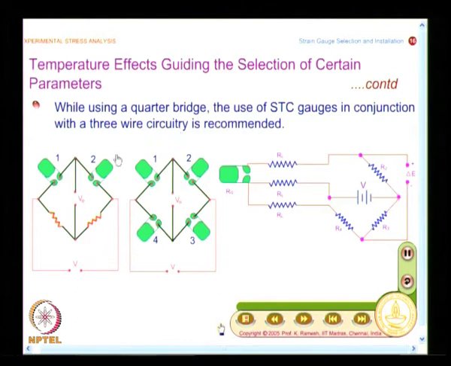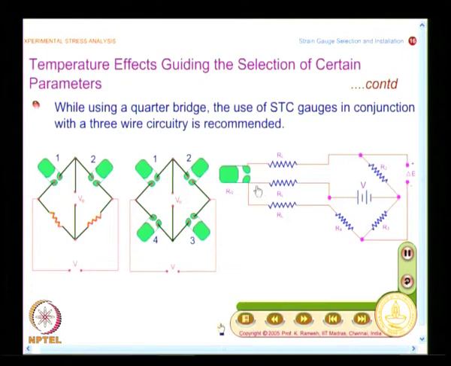If you are able to use a half bridge, it is good. If you are able to use a full bridge, it is well and good from the transducer application point of view. For strain measurement, you will be able to do this only for certain select applications, but the most general arrangement you may come across is only a quarter bridge.